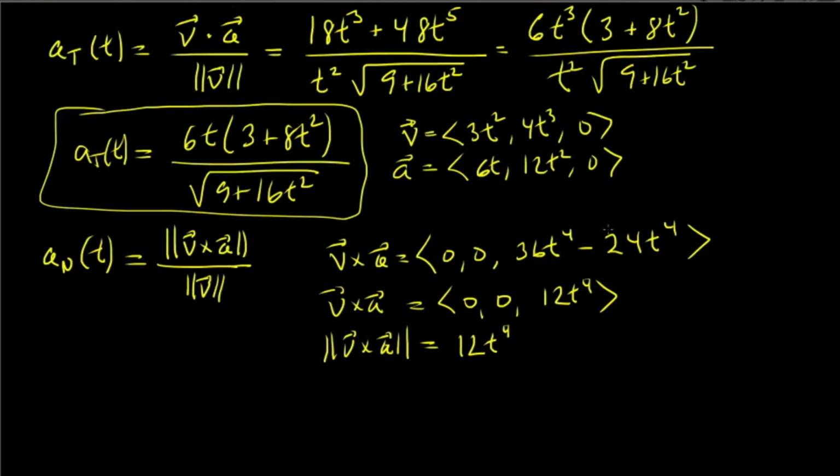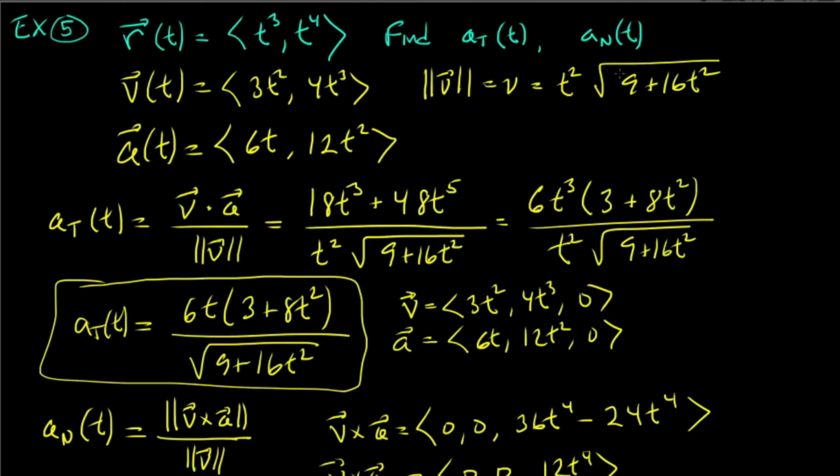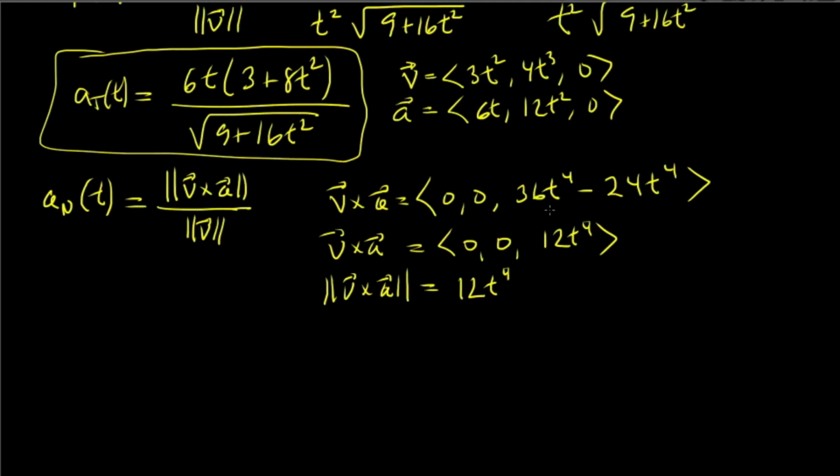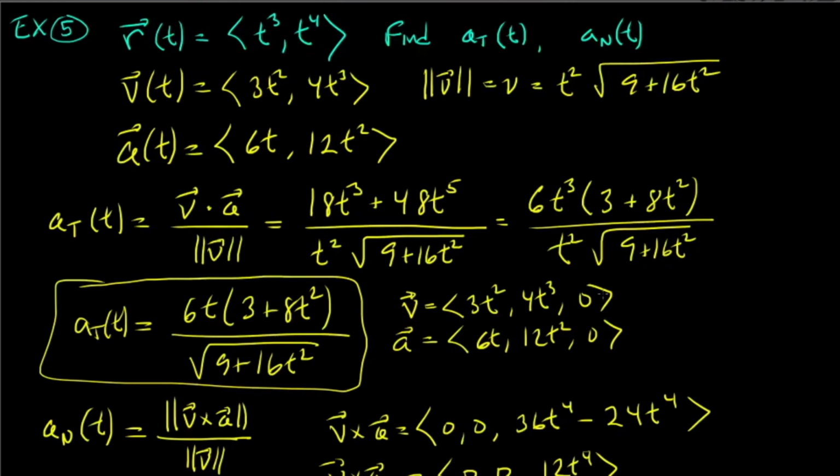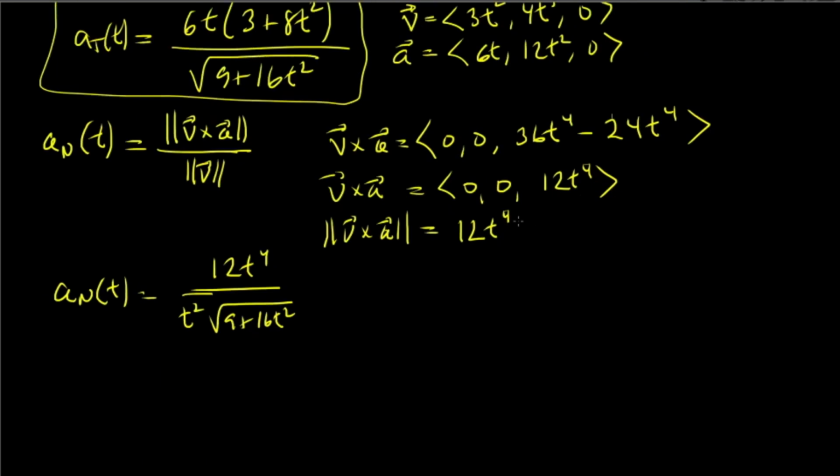Then you just divide by the magnitude of v, which is up here. So our normal acceleration will just be 12t to the fourth divided by t squared times the square root of 9 plus 16t squared, if I remember that right. So you get 12t squared all over the square root of 9 plus 16t squared.